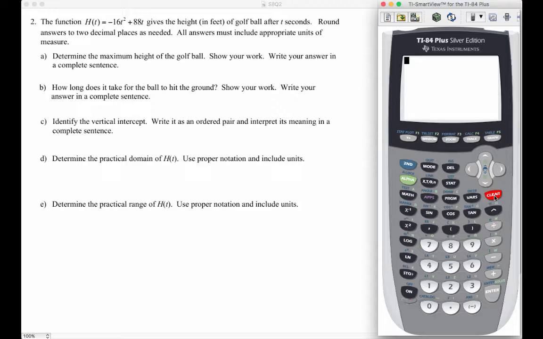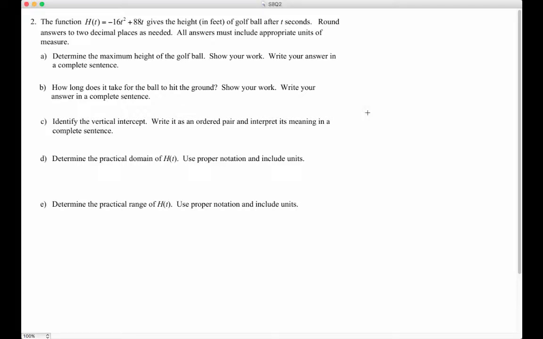Okay, so we can, if we want to, go ahead and put that function into our calculator and see that it is a downward opening parabola. But we also know by just looking at it that since we have negative 16t squared, the leading coefficient is negative, and therefore we know we have a downward opening parabola, which means that the maximum point is going to be at the vertex of this parabola.